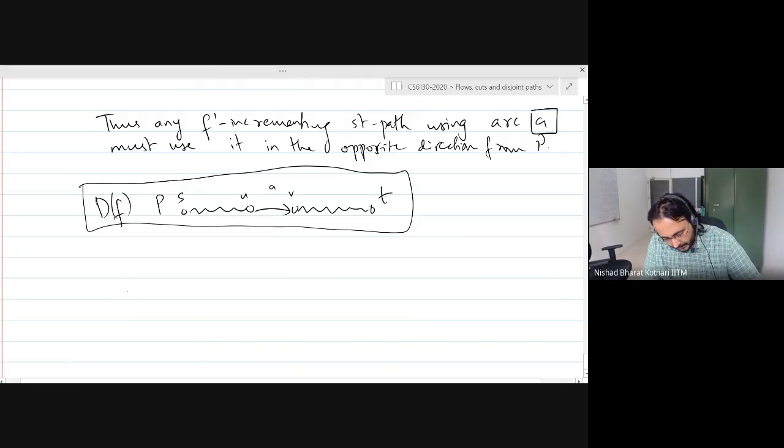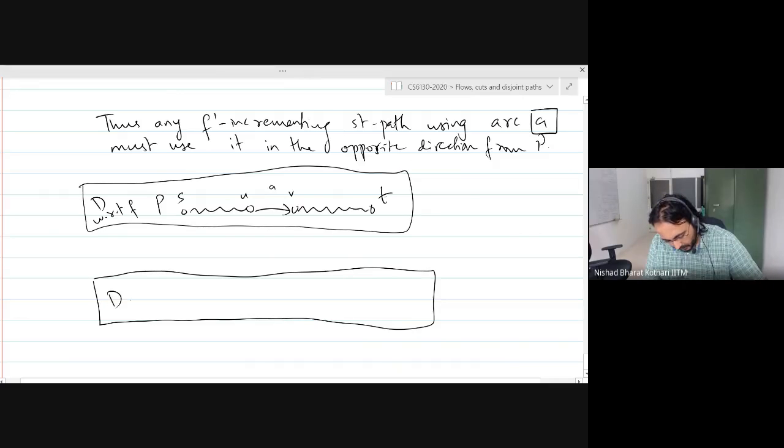I'm looking at the original digraph with respect to the flow F. Then what will happen in the new digraph with respect to the flow F prime is that on any incrementing path from S to T, you will be using this arc in the opposite direction. It will have to be from V to U.